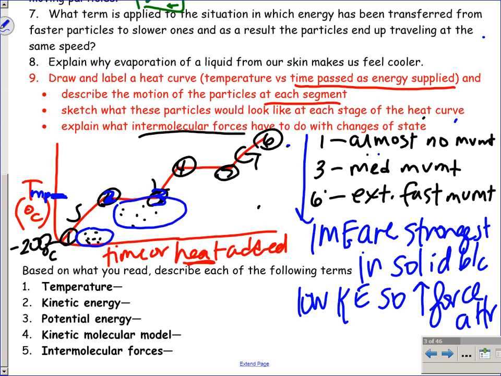But what you'll notice is at 2 you have mostly solid, but over the course of this little plateau, your solid starts to morph into liquid, so it starts to melt, and at point 3 you have all liquid, and then that all liquid starts to heat up. So it's the same temperature; it's just over the course of heat being added, and as that heat is added, temperature is not being influenced, and that's because of phase changes. Temperature doesn't change, and that's due to the potential energy being changed, not the kinetic energy being changed.